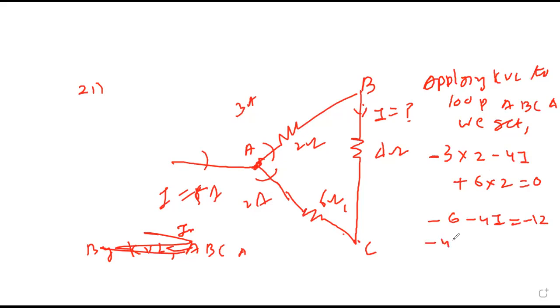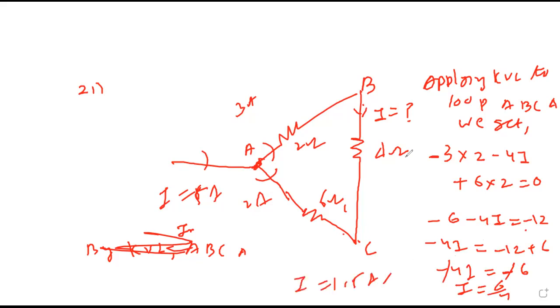Therefore, minus 4I will be equal to minus 12 plus 6. So minus 4I is minus 6. Therefore, I will be 6 by 4, which is 1.5 ampere. This is the answer.